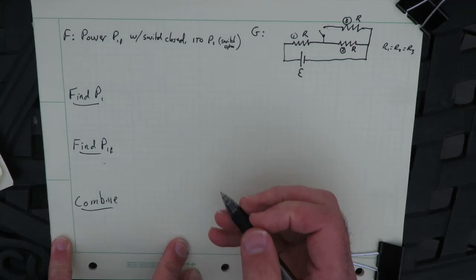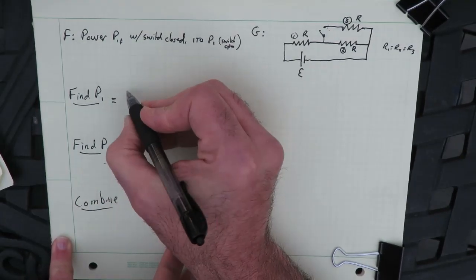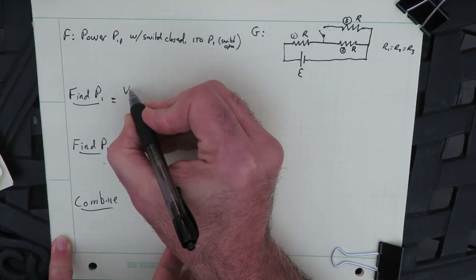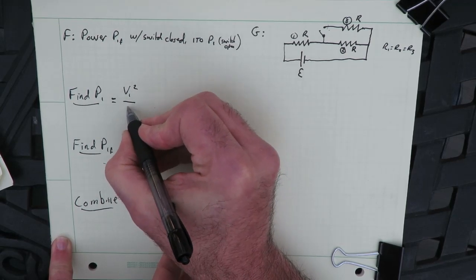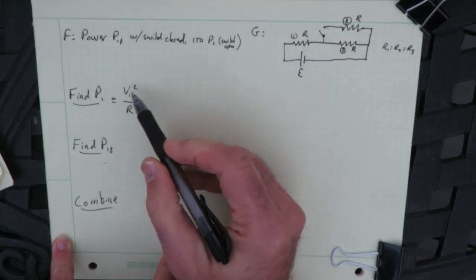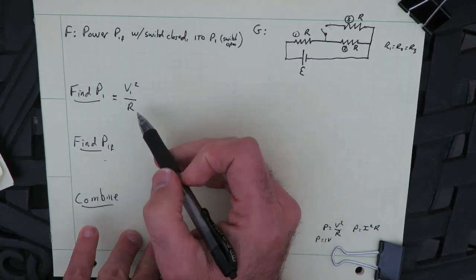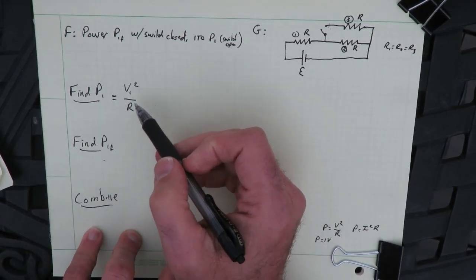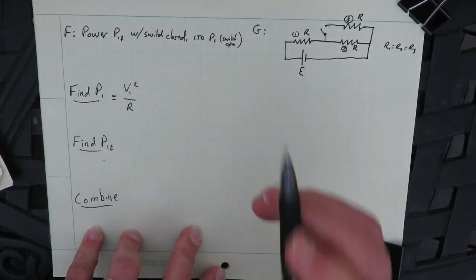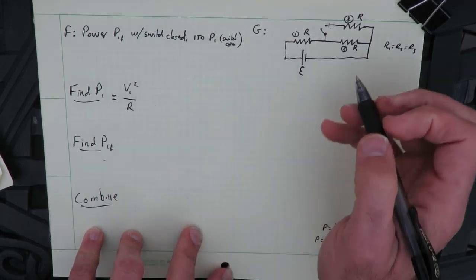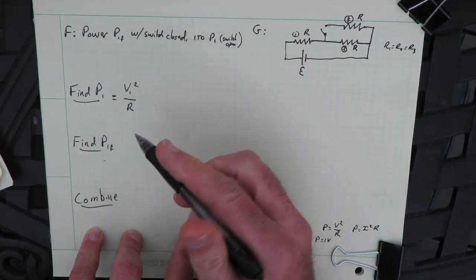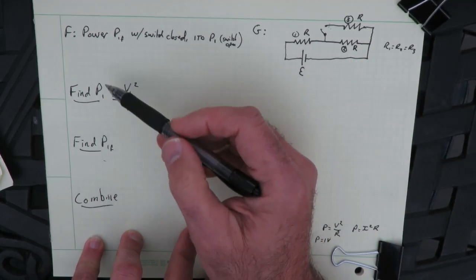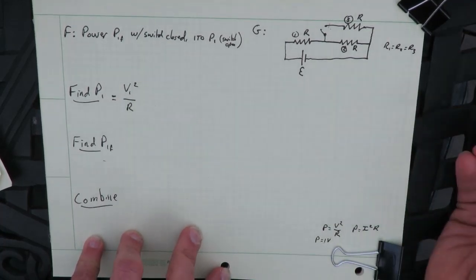So let's start off with P1, and the equation that we're going to use is V1 squared over R. Remember, power is V squared over R. Now, why are we choosing this one? This is a very good question. Well, because we have to express both of these things in terms of something that does not change.